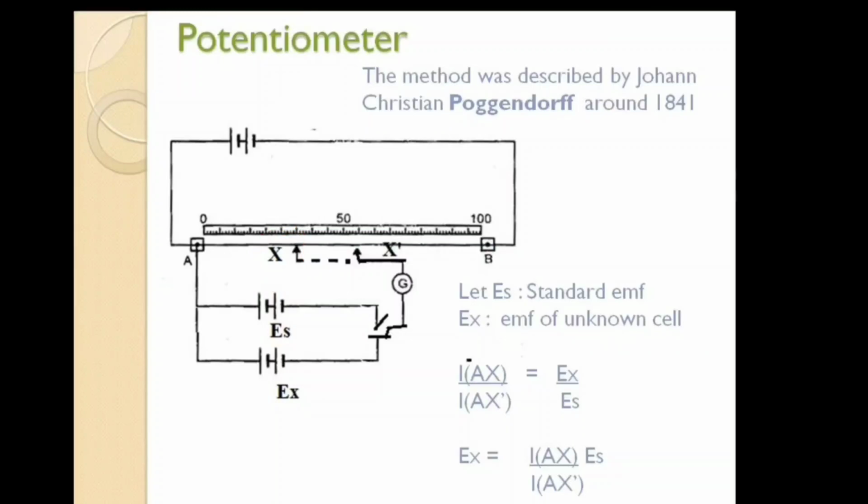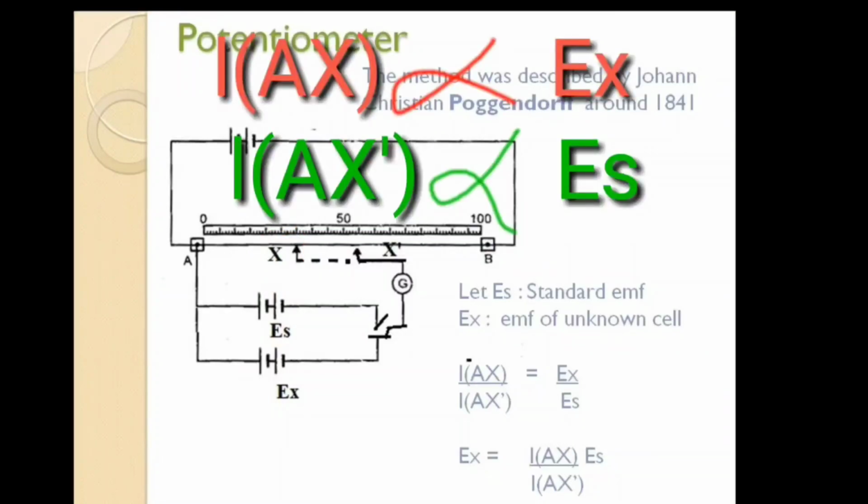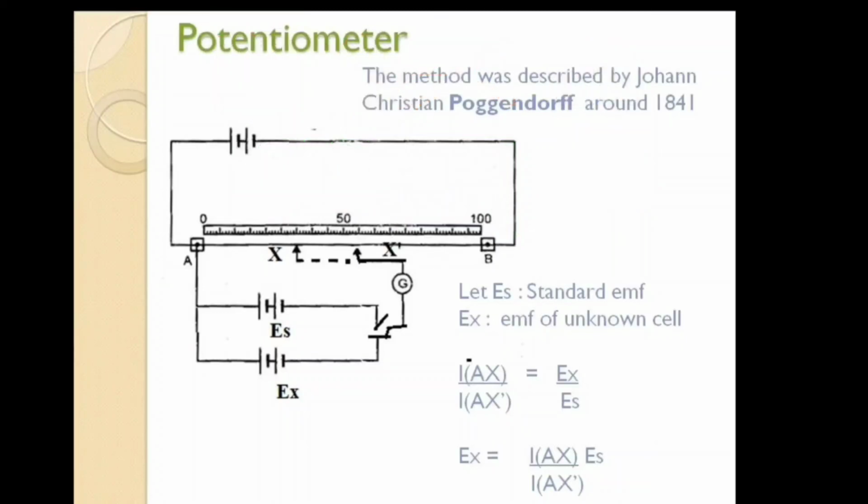Now length AX is directly proportional to Ex, whereas length AX' is directly proportional to Es. Now by taking the ratio of these two, we get length AX upon length AX' is equal to Ex upon Es.